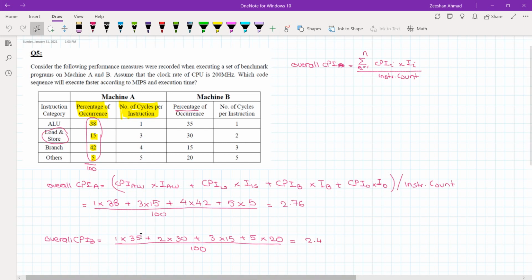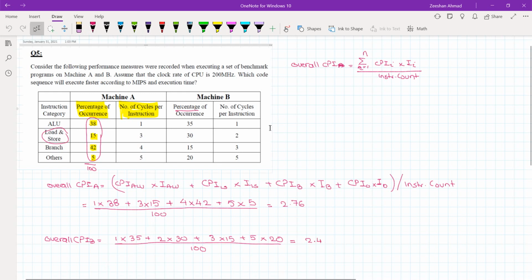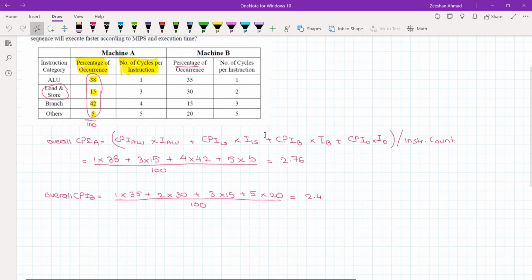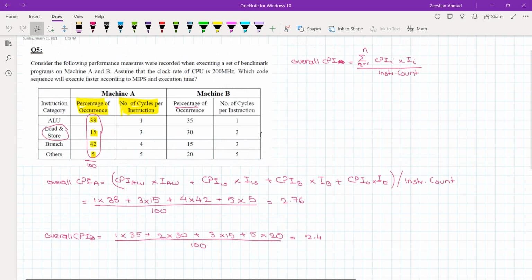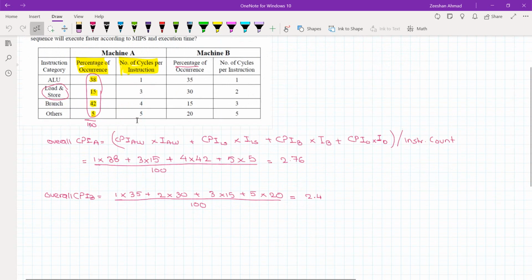Now, he asked which machine is faster according to MIPS. So first of all, we need to find which machine is faster according to MIPS.